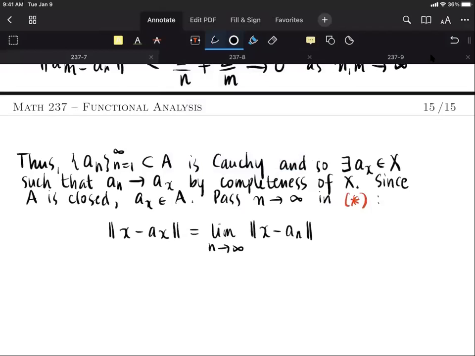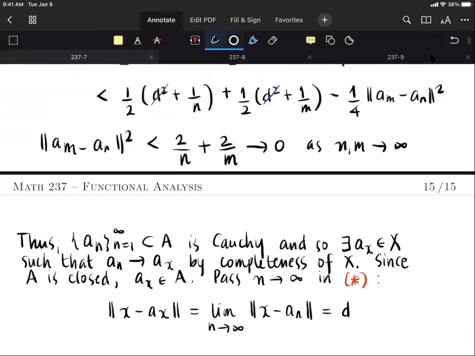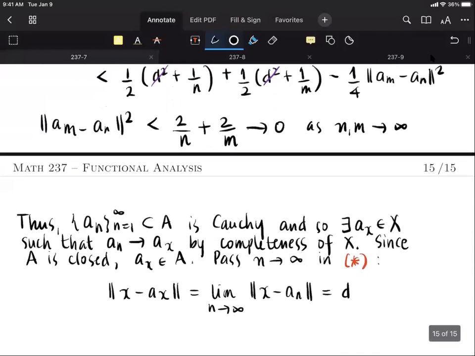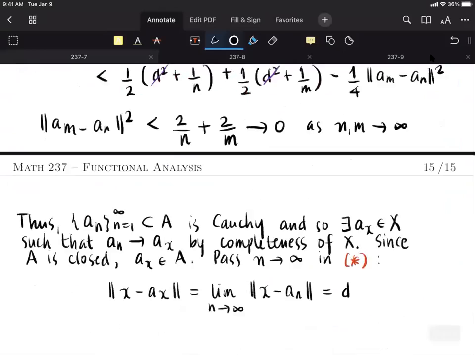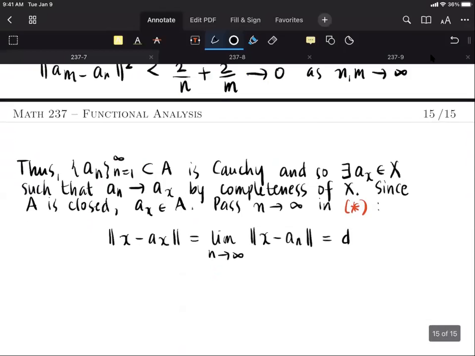And we said last time that if you apply the squeeze theorem and then take the square root of both sides of the inequalities in star here, you end up with the limit of the distance between x and an as n goes to infinity being d. Okay, and take note that this d is the distance, therefore we have established existence.